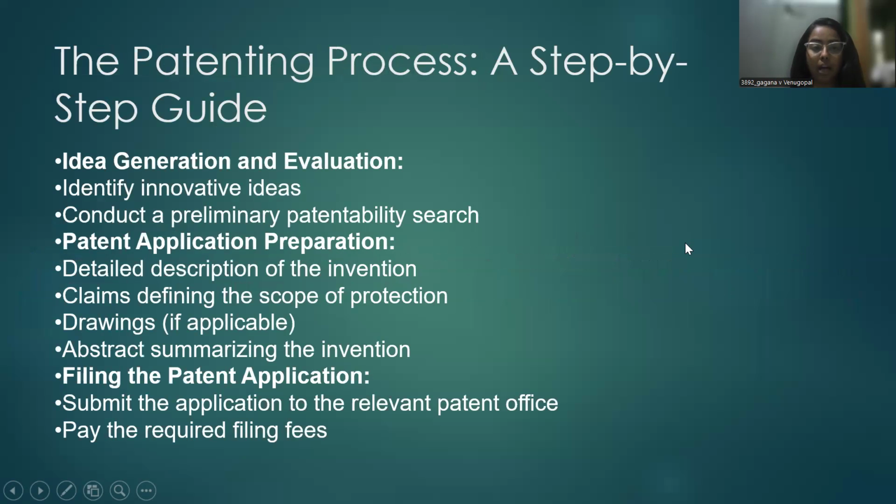Coming to the next part, the patenting process. Here is the step-by-step guide. Idea generation and evaluation. First, there must be an idea for us to file a patent. In that, we identify innovative ideas and conduct a preliminary patentability search. First, you identify an idea.